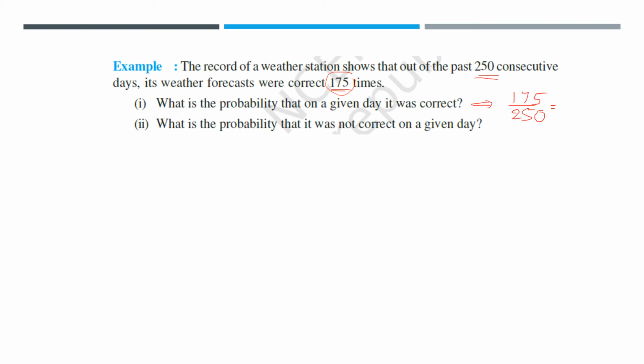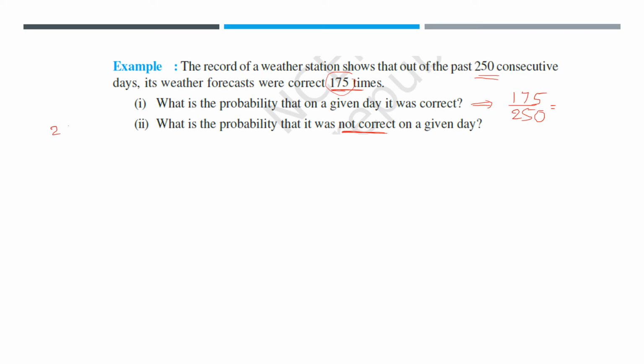Similarly, what is the probability that it was not correct on a given day? Of the total number of days, on 175 days the forecast was correct. So from 250, on the remaining 75 days the forecast was not correct.